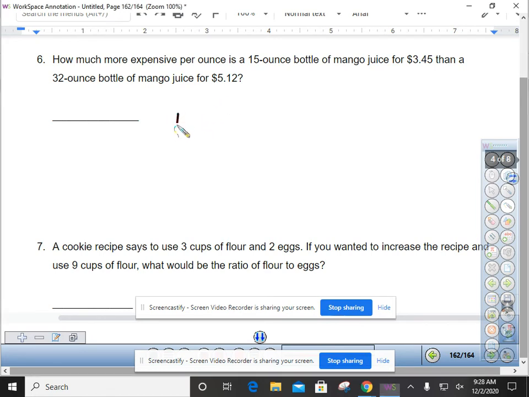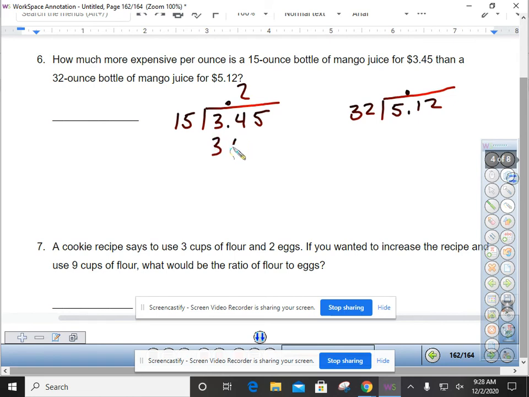Divide the money by the ounces. That's 2. 23.